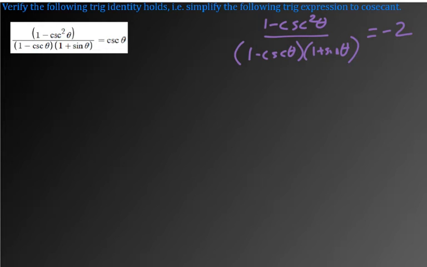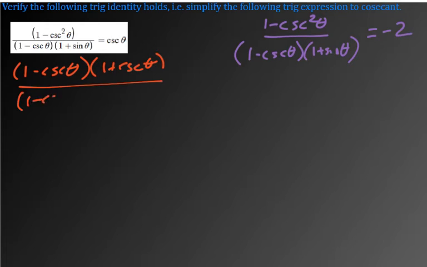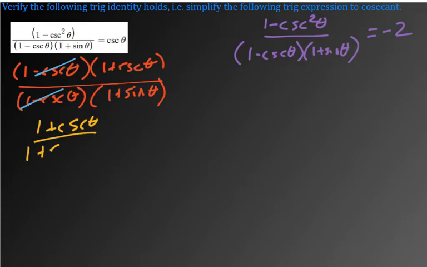So we can factor that top using a difference of perfect squares: 1 minus cosecant theta, 1 plus cosecant theta, over 1 minus cosecant theta, 1 plus sine theta. And that's nice because then I can cancel one of those. So now I have 1 plus cosecant theta over 1 plus sine theta.